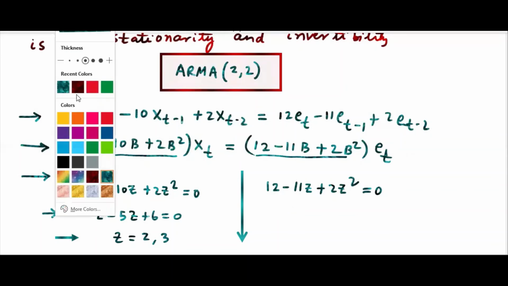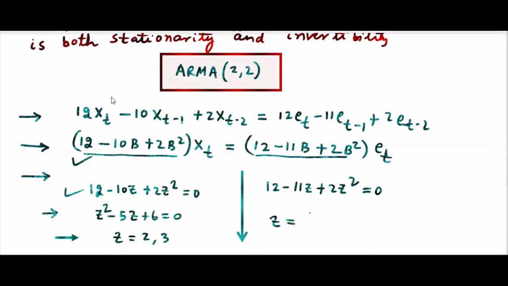If you don't have any clue, you can apply the quadratic formula: 11 plus or minus the square root of 121 minus 4ac, which is 96, divided by 2a. 25 we got, so the square root is 5. 11 plus 5, 16 divided by 4, gives 4. 11 minus 5, 6 divided by 4, gives 3/2, 1.5. So the roots are 4 and 1.5.